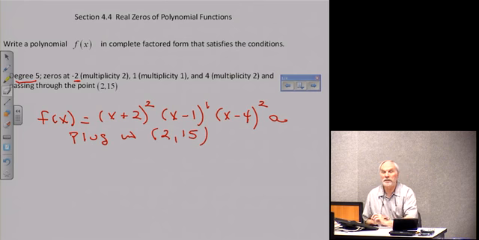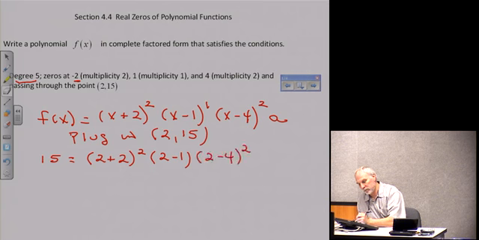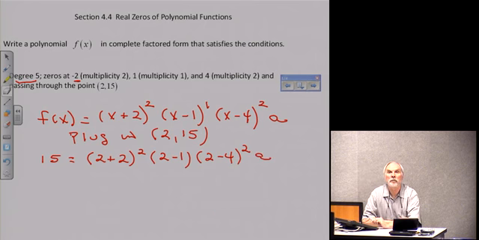When x is 2, y is 15. And then we still have a. We're solving for a.